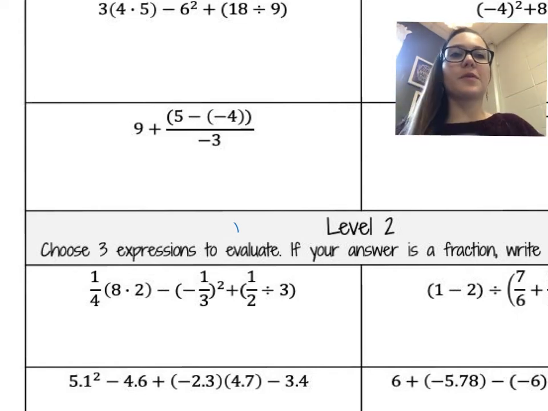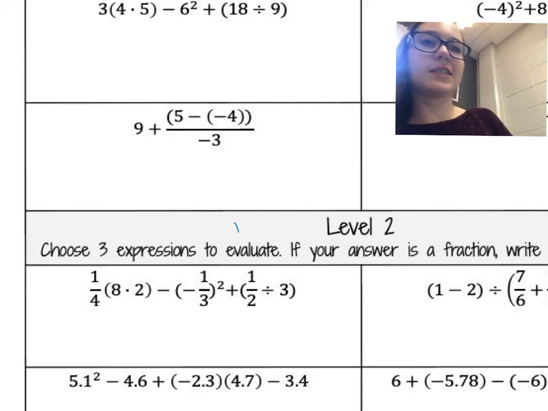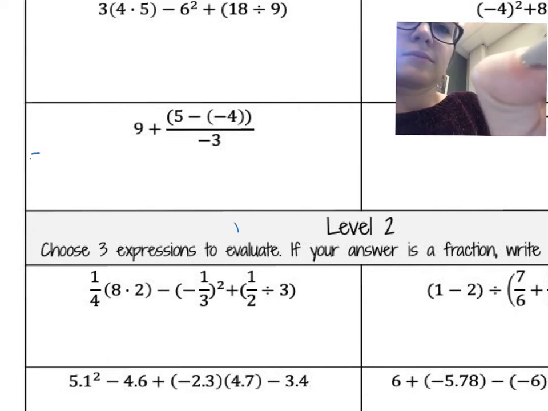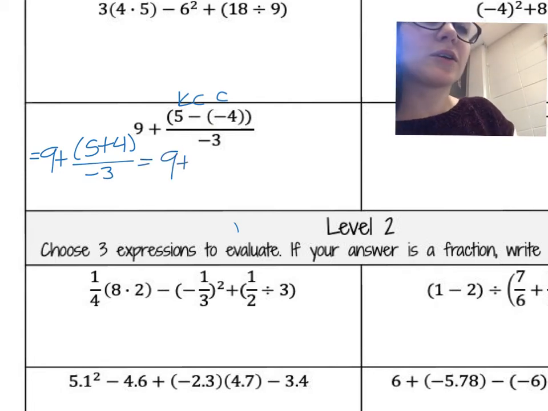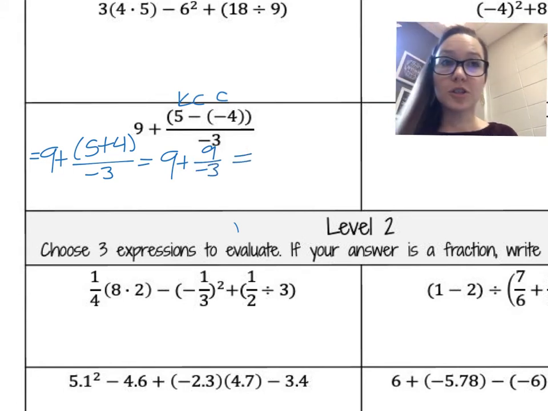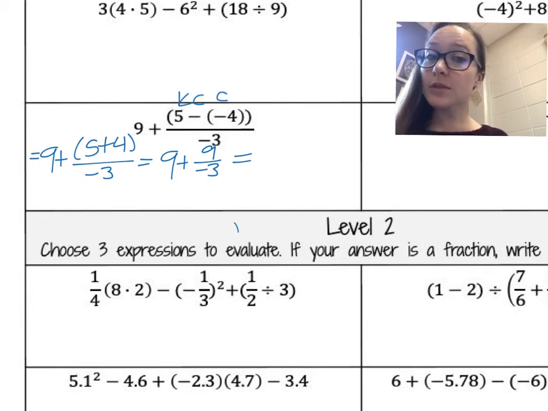So, starting with parentheses, we have 5 minus negative 4. If I keep change, this becomes 5 plus 4 over negative 3. Okay, 5 plus 4 is 9. Then we're going to do our division. Remember that fractions are just division problems.